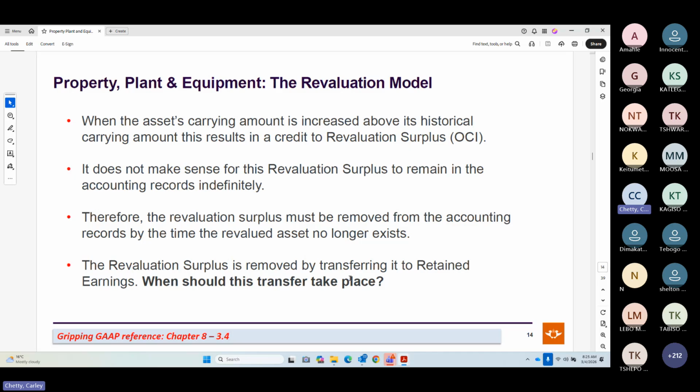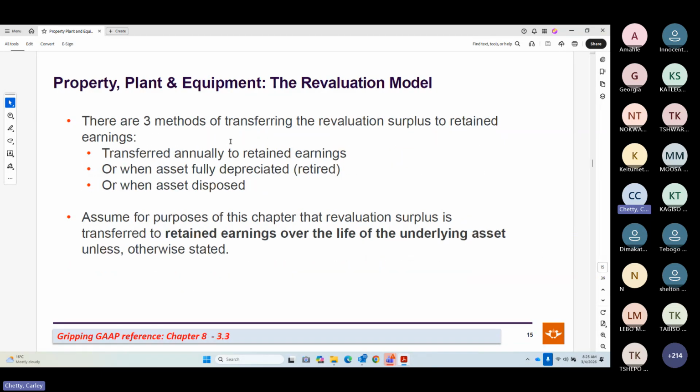So when should this transfer take place? You'll see that there are different methods to transfer the amount in the revaluation surplus account to the retained earnings account. There are 3 different methods in which the revaluation surplus can be transferred to retained earnings.